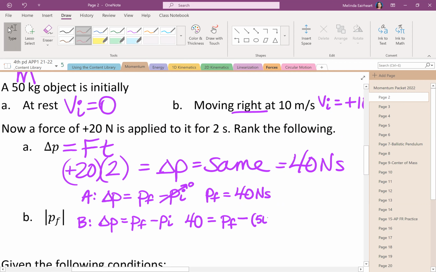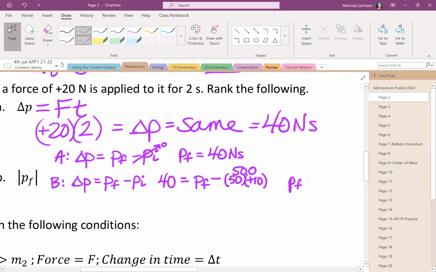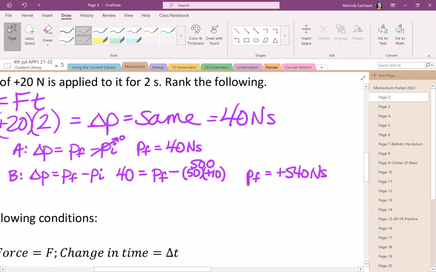So I got to say 50 kilograms times that positive 10 meters per second. So 50 times 10, 500. And then we got to add it to the other side to solve for final momentum, which would be what? A positive 540 Newton seconds.